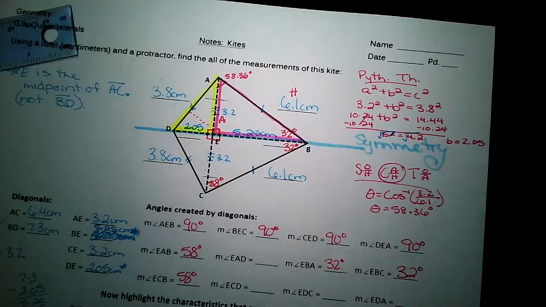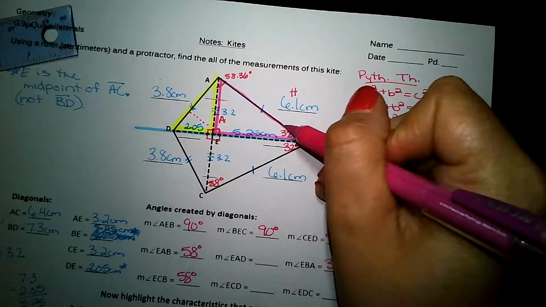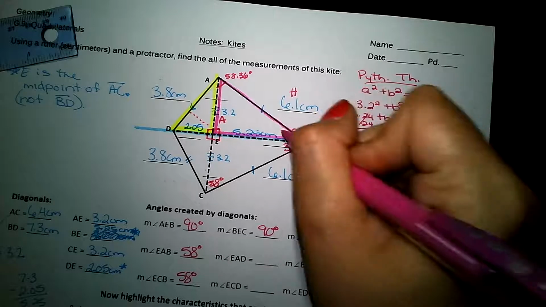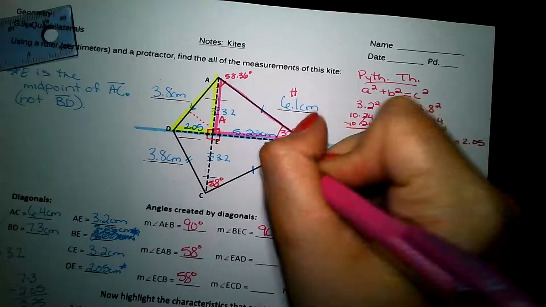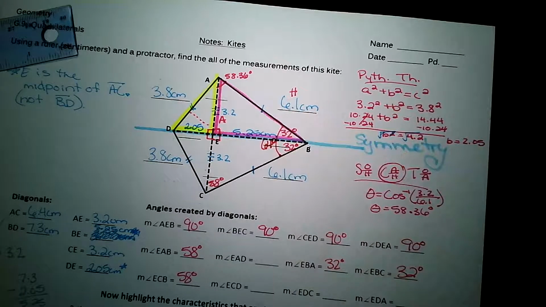So I'm getting there. I can add these two together and I've got this whole angle, 32 and 32, totals up to a total of 64 degrees. So I've got that. I had a little bit more work to do, and it's on the piece that's not symmetric, okay?